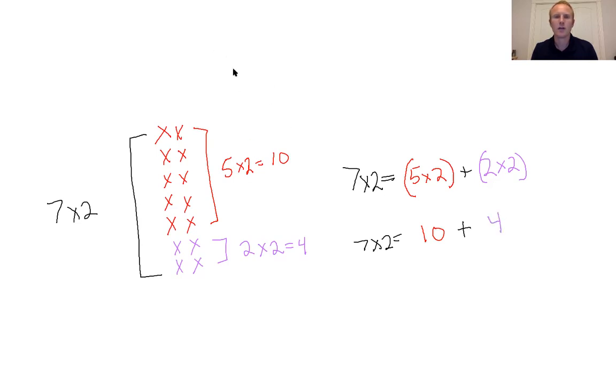And then finally, we have 7 times 2 equals 14. So again, the model over here is exactly what we used in Lesson 9. The increased level of complexity comes with writing this out using parentheses.